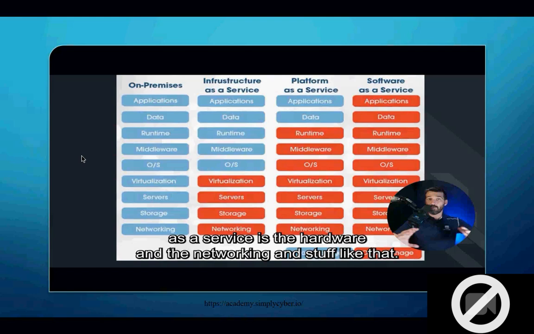For example, we have AWS EC2, and as you can see here, application, data, runtime, middleware, and operating system are managed by you, and virtualization, servers, storage, and networking are managed by the cloud service provider.